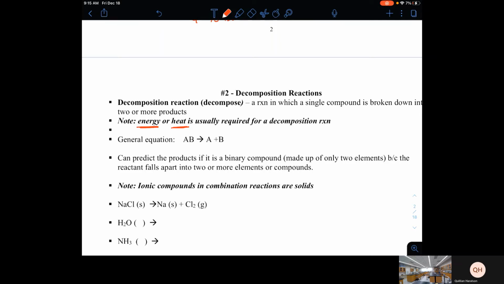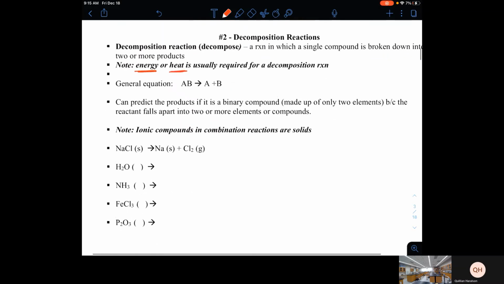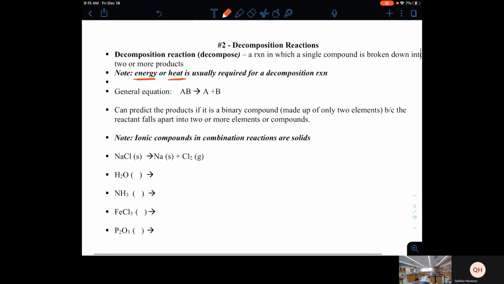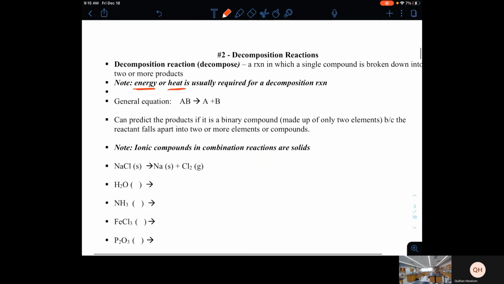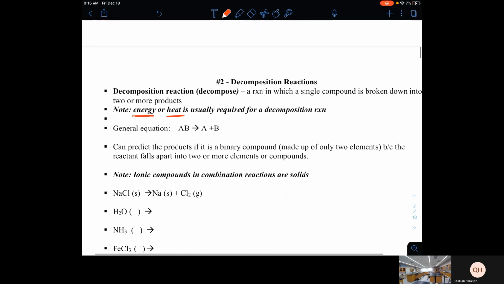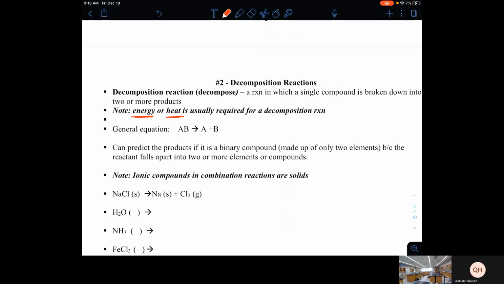So normally it's going to require some energy or some sort of heat. That energy could come in the form of electricity, or it could come in the form of heat. To give you an example, in your notes, and for some reason I don't have them here, I must have downloaded my older notes, but they're pretty close to the notes that you have.